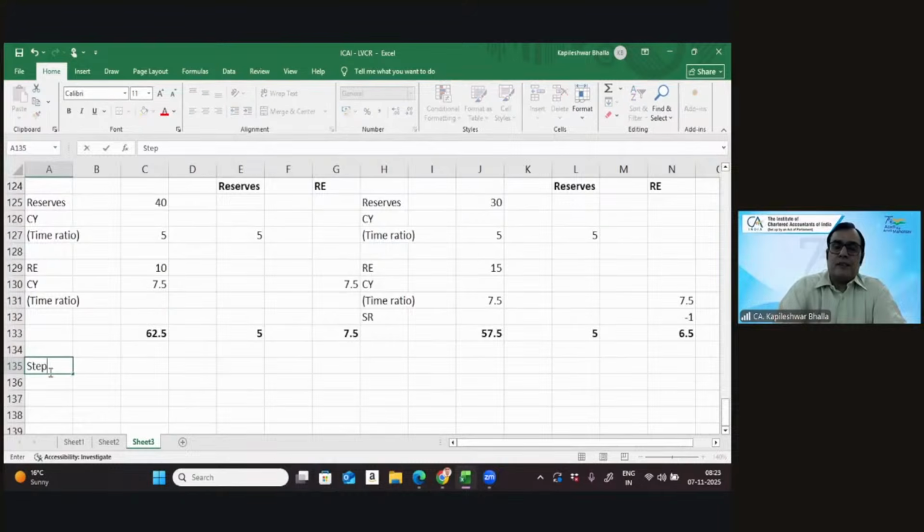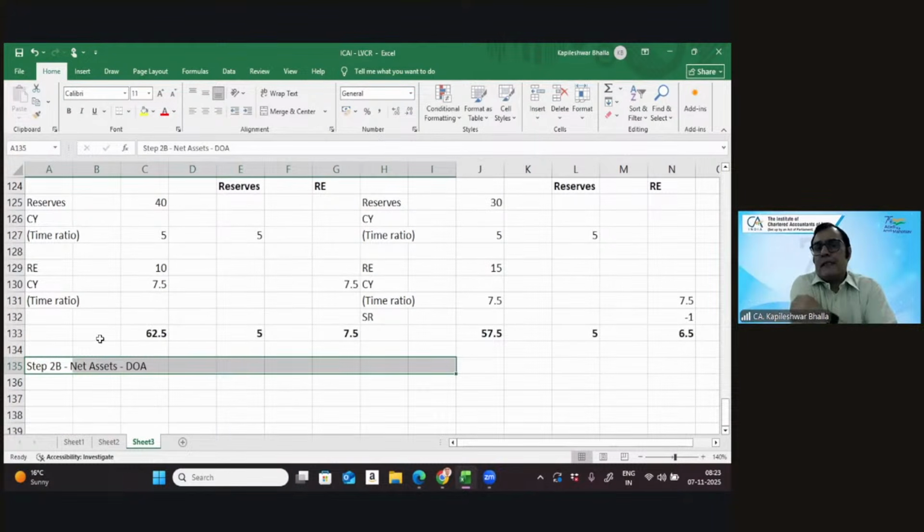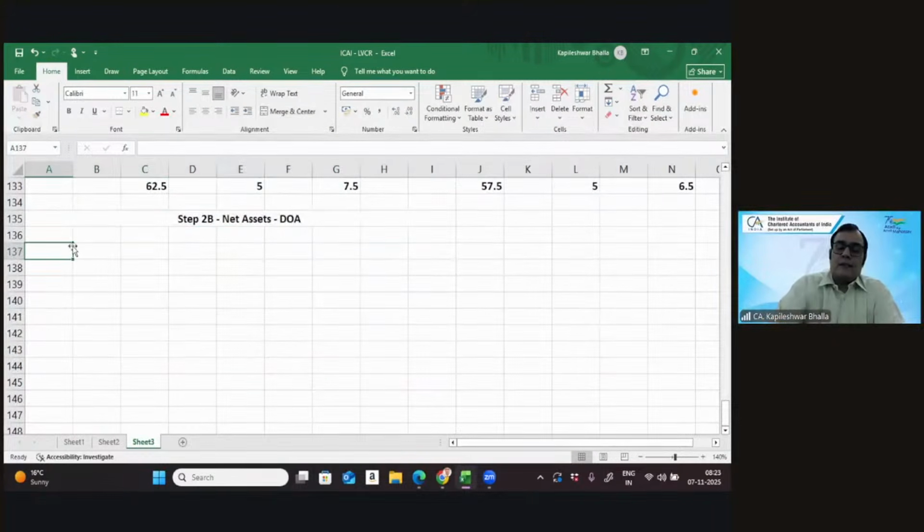Now let's go to step number 2B, and that is the calculation of the net assets on the date of acquisition. Similar calculations would apply in this case as well, for both the companies. So we'll do one column for Nisha and we'll take one column for Sandhya.